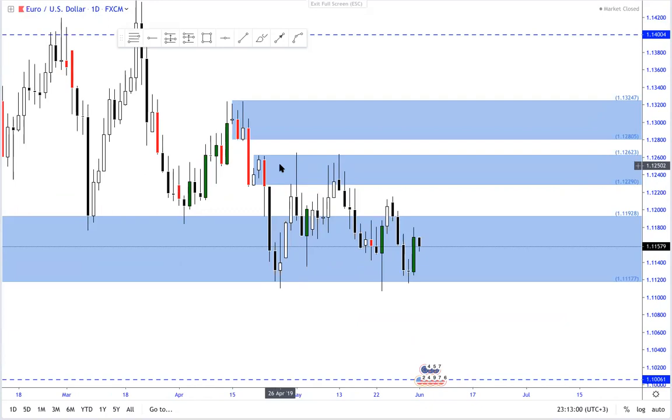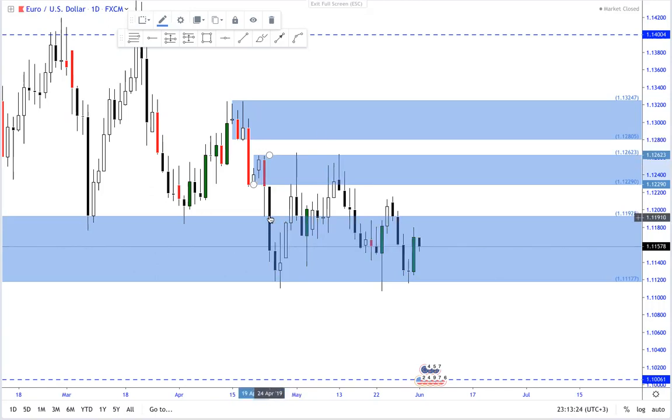So according to my rules, this level is no more tradable, because this candle confirmed that orders came through this level and penetrated through it. That means it is already used up.